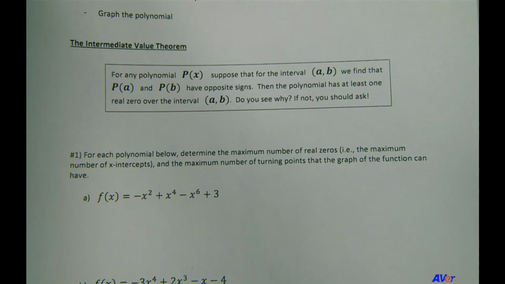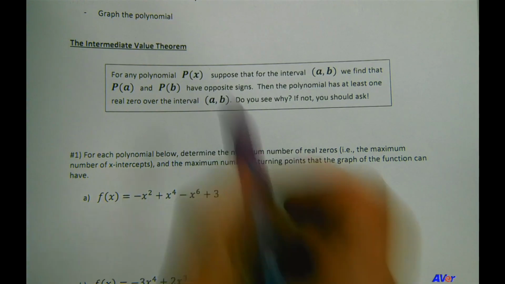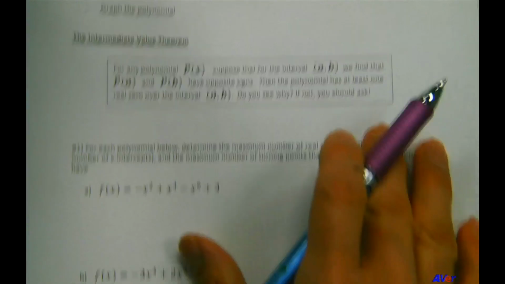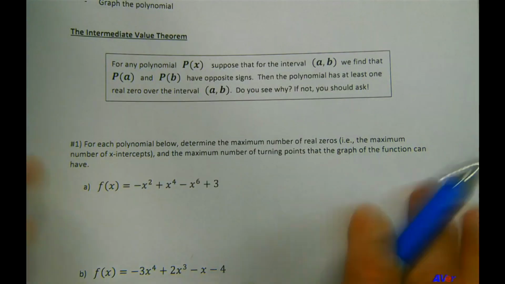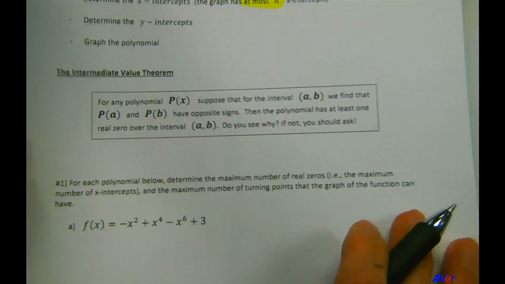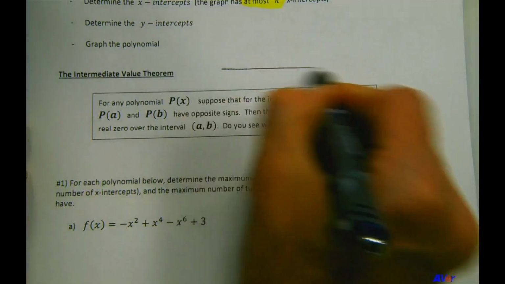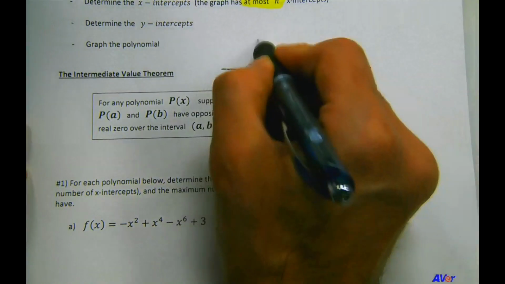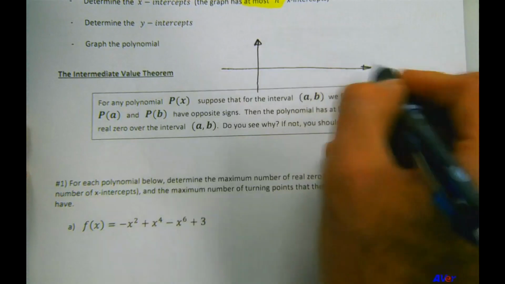So this is one of the things I talked about in the last video, the intermediate value theorem. We talked about this on the computer, but let me draw a little graph here, just as a reminder.